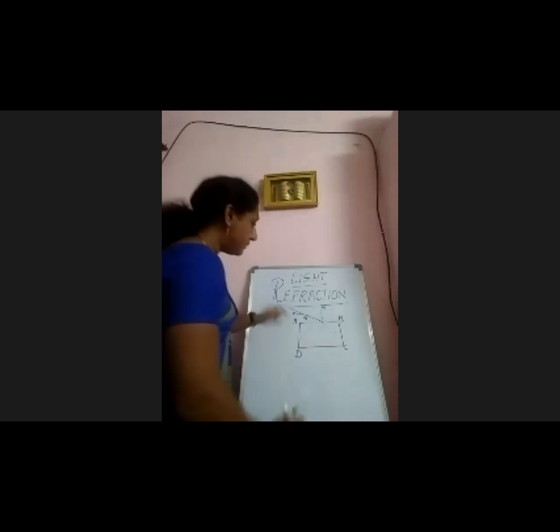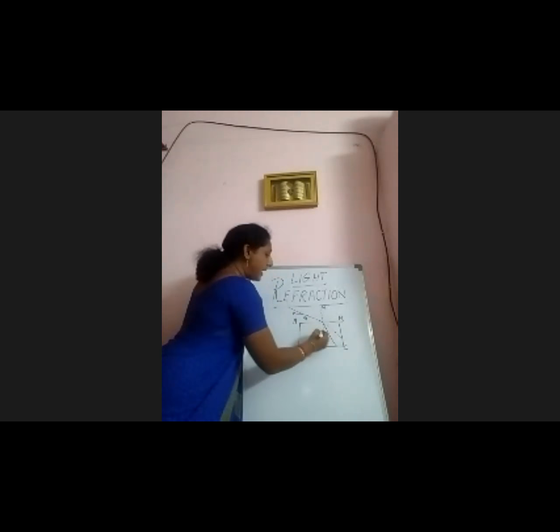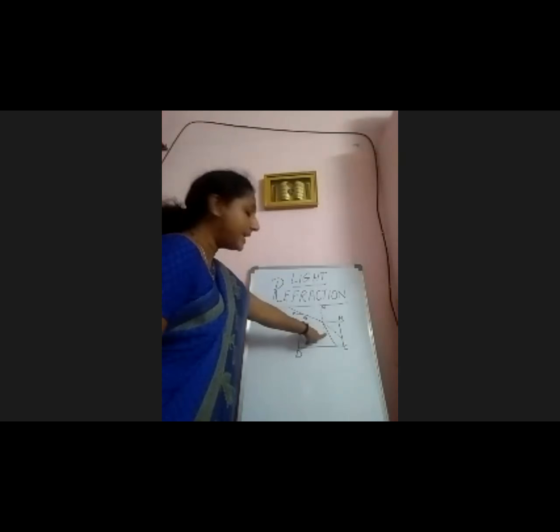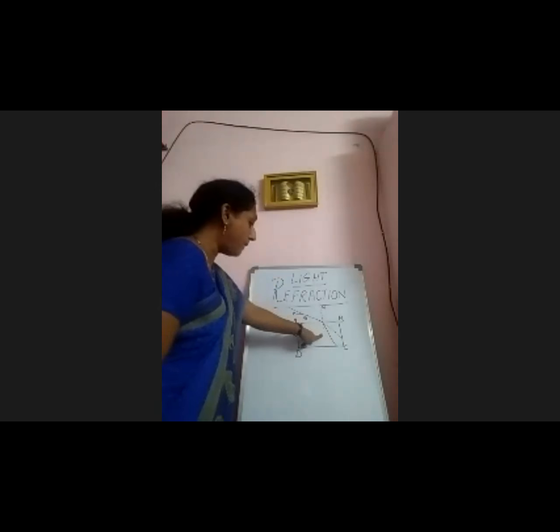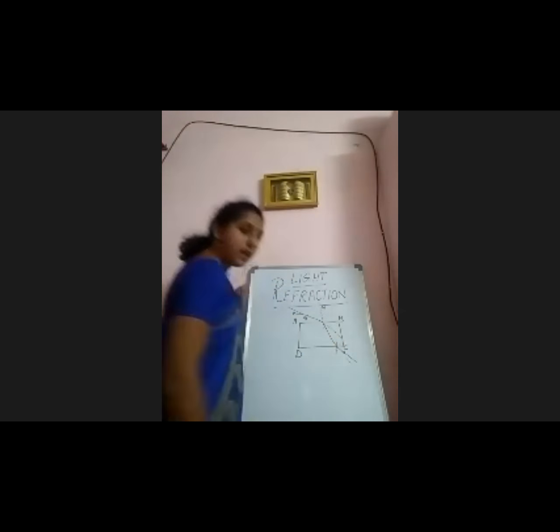But it is bending towards the normal. Light is bending towards the normal. Again here, one more. Actually it should go like this, but it will bend away from the normal.